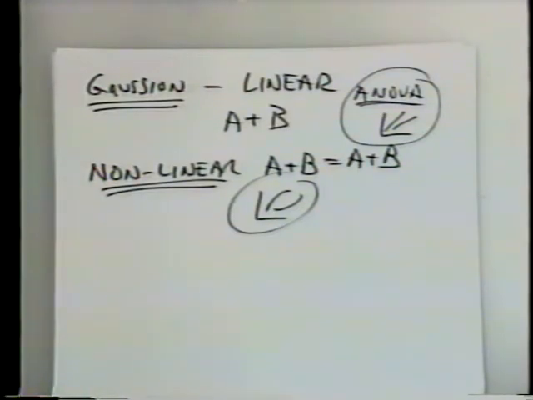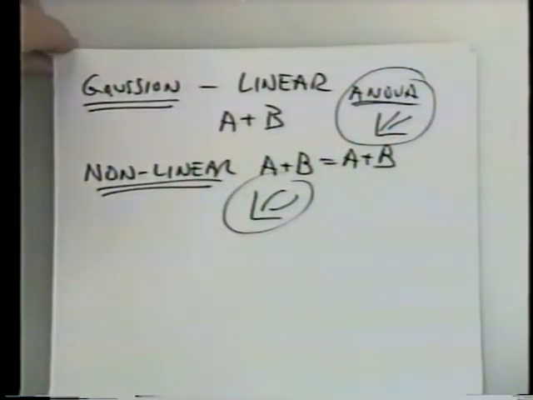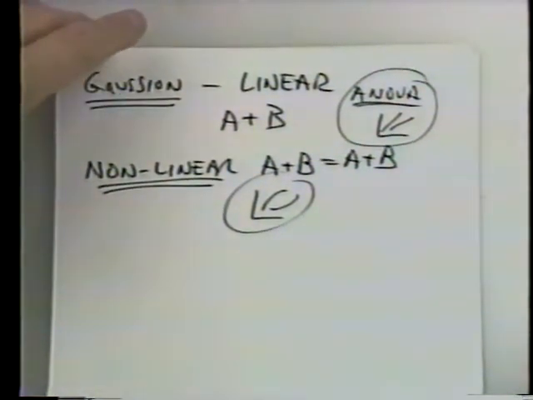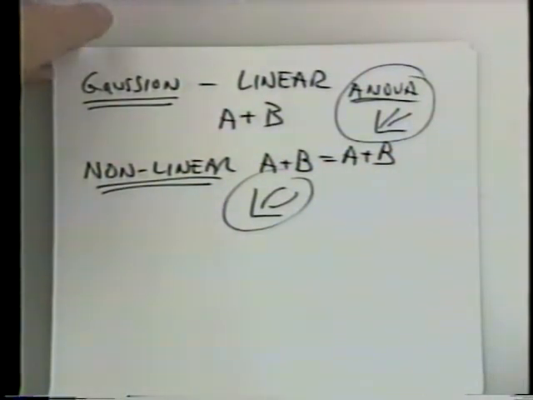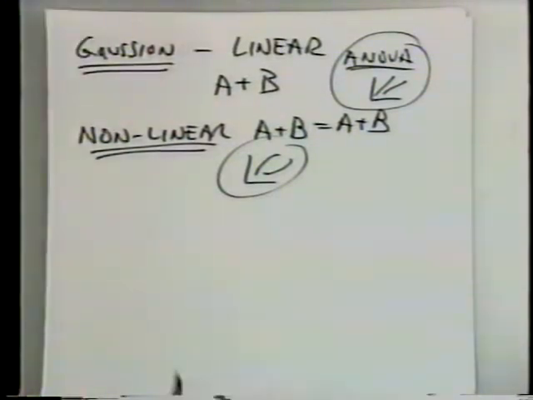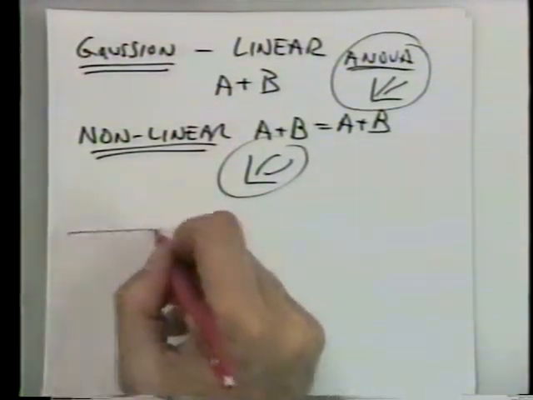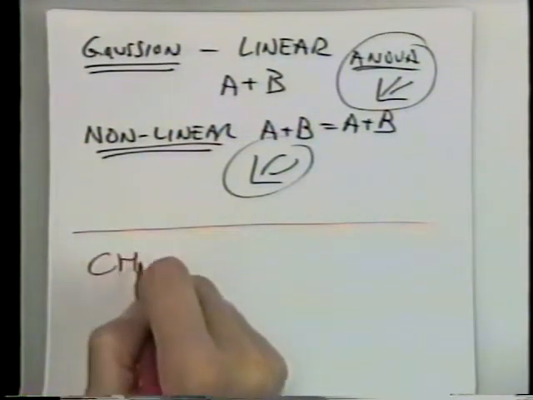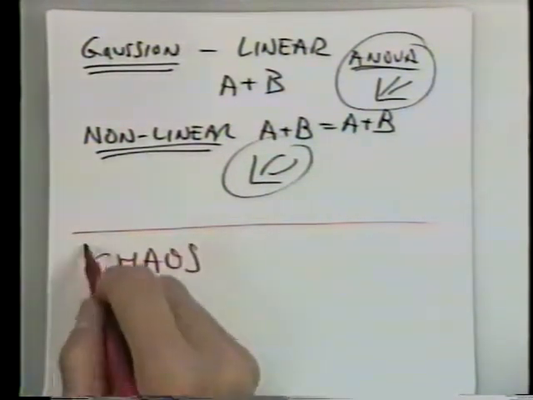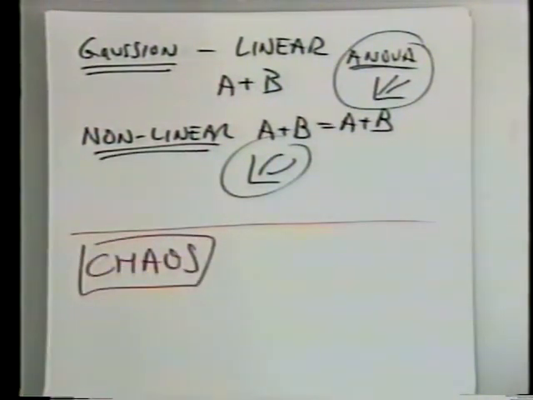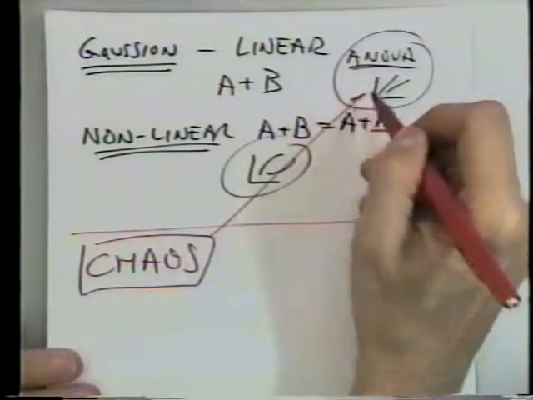Now, besides the fact that I teach a whole course on fractals, which many of you have taken, but not all of you, and of which there are also tapes in the library, what I'm also going to do after the fractals is do what's called chaos. I'll mention this now because chaos is one way of not doing ANOVAs.